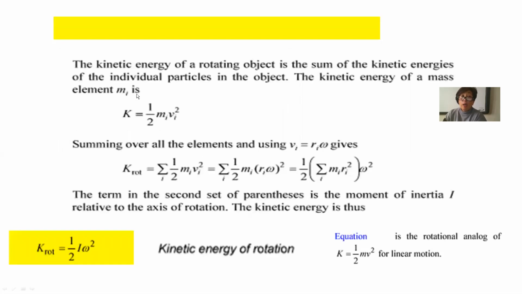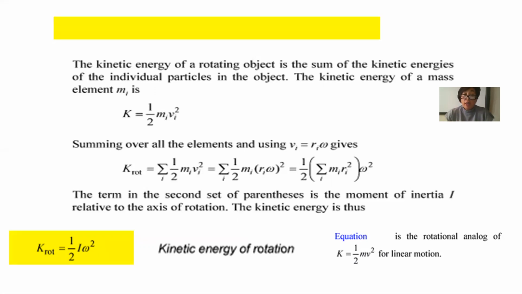We know the kinetic energy of a rotating object is the sum of the kinetic energies of the individual particles in the object, because this is a rotational system, where one body consists of particles, and the kinetic energy of a mass element of the rigid body. Here is the formula for the kinetic energy of the mass element.